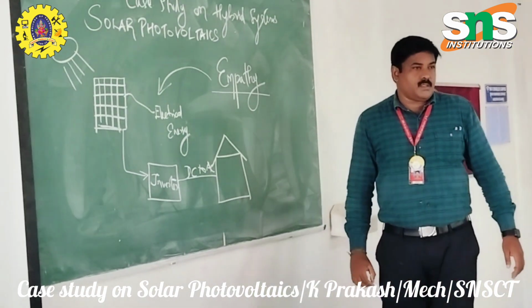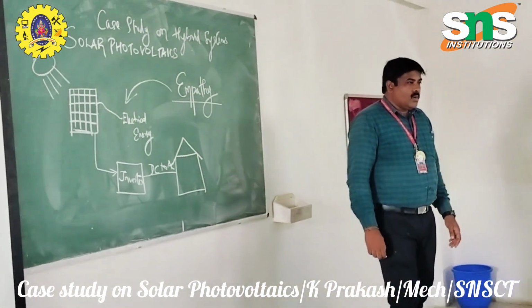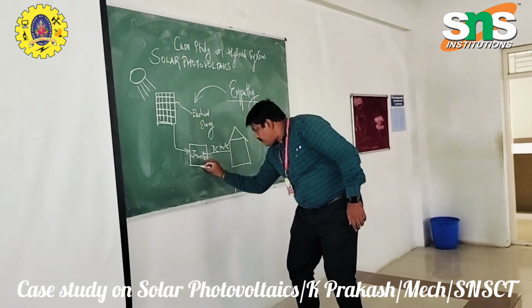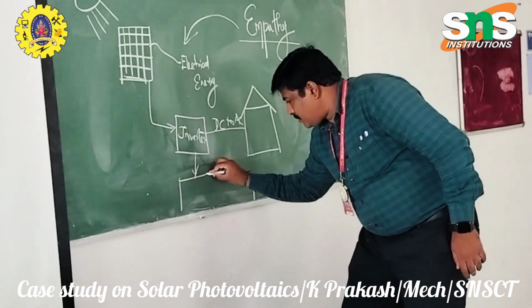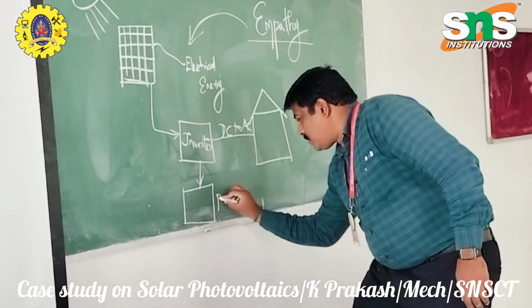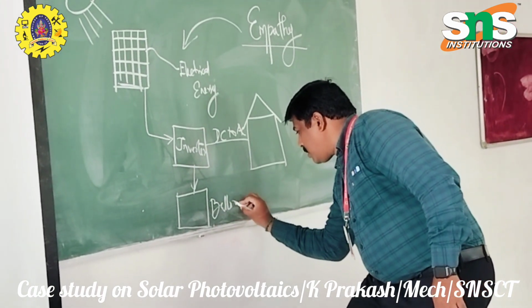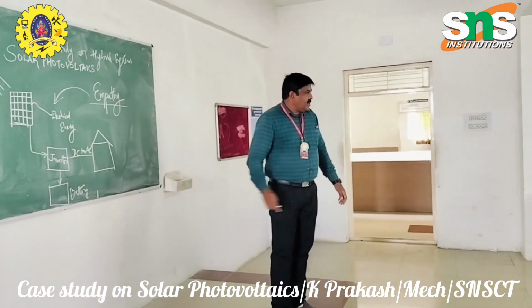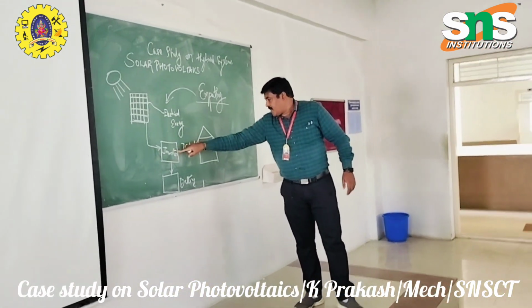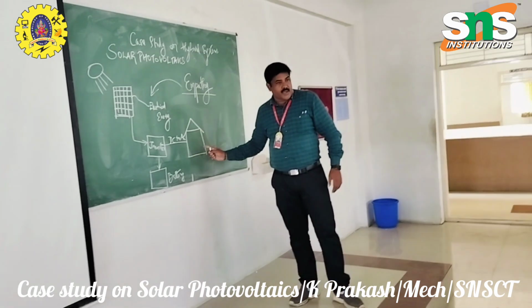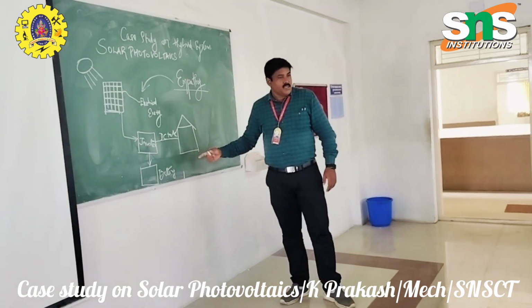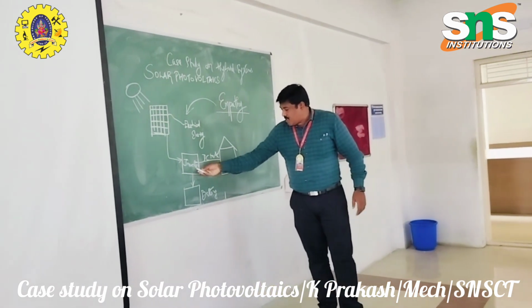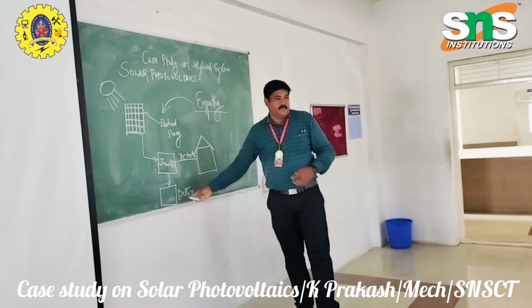Okay. The second thing is, we can use a battery pack. This is a battery. This special type of inverter sends the AC current to our domestic applications directly, and if some excess energy is produced, this excess energy can be stored in this battery.